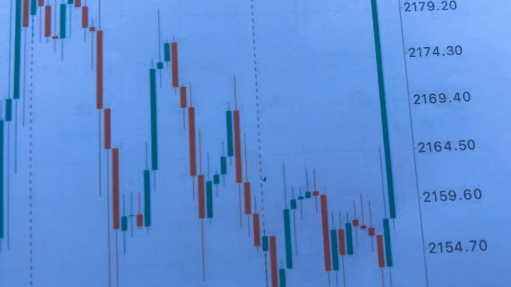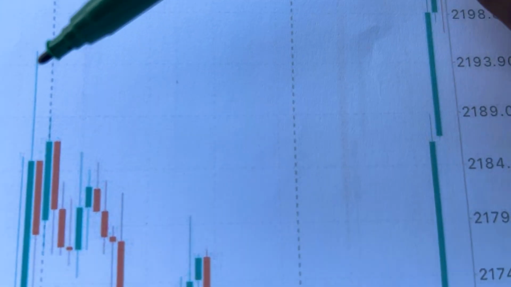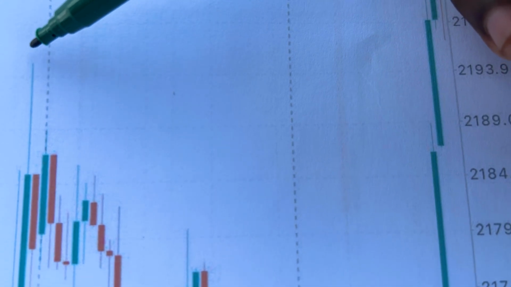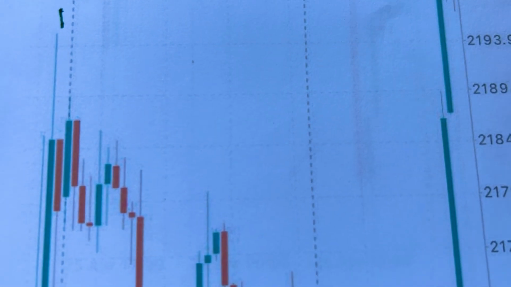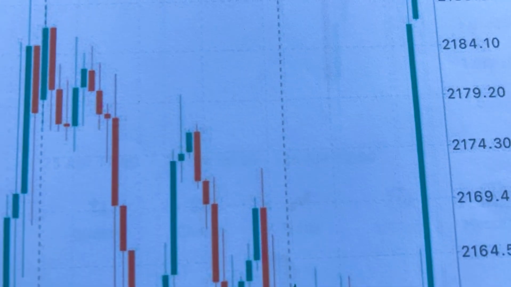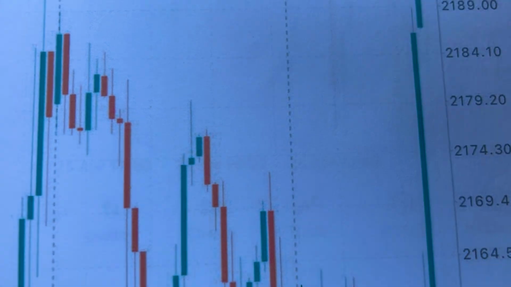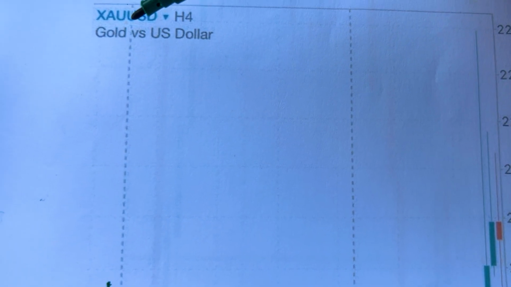The strategy I've explained many times is to please use a trend line, and here we have counted 1. On number 1 here, we do not know why it went with a sell down movement. Whenever you're trading, a movement going down is a sell, meaning that for gold versus US dollar, the US dollar is gaining more power and gold is losing power.